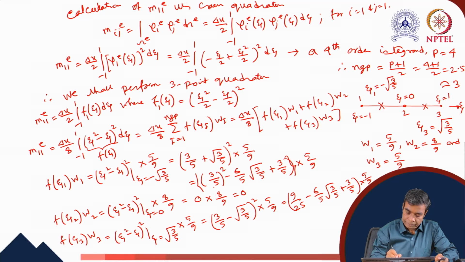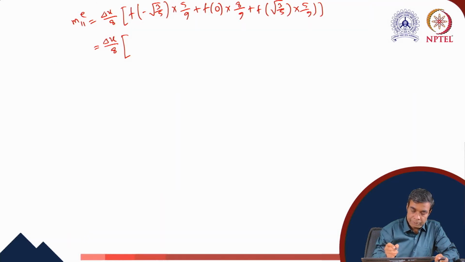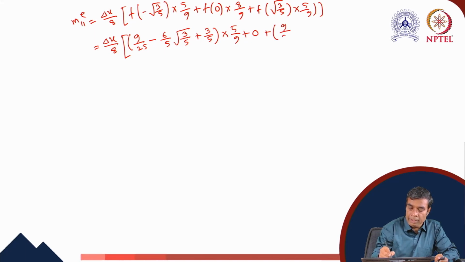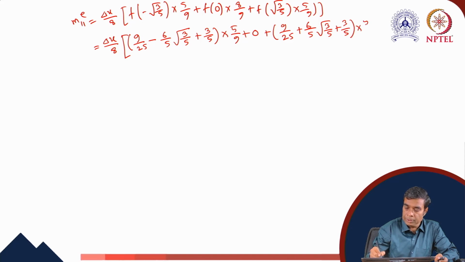This will be 9 by 25 minus 6 by 5 into square root of 3 by 5 plus 3 by 5 multiplied with 5 by 9 plus 0 plus 9 by 25 plus 6 by 5 into square root of 3 by 5 plus 3 by 5 multiplied with 5 by 9.